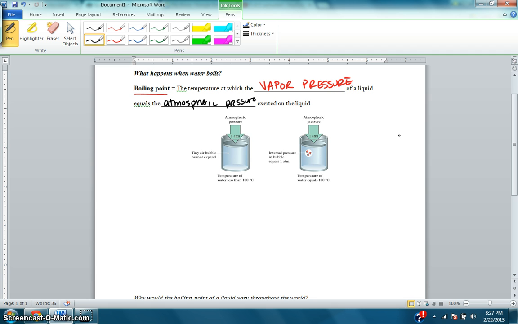So basically, the pressure that's inside our bubbles in our liquid has to match whatever pressure is pushing down from the atmosphere.